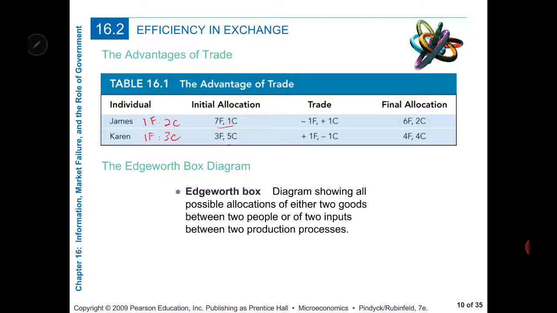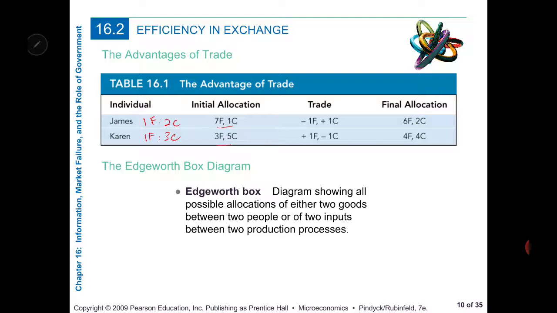Okay, so if they choose to trade, the trade will happen somewhere that gives both of them incentive to trade. That means they are better off than where they are.